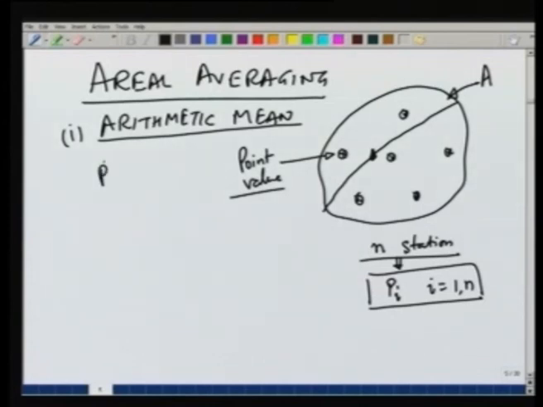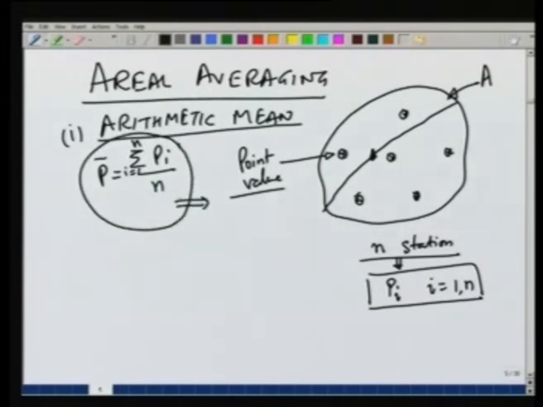So, P bar can be thought of as the sum of P_i divided by n, where the summation is i equal to 1 to n. Once we get this average depth, we can multiply it with the area. So, A into P bar will give us the volume of water generated by that precipitation event, for which our point values are known from the rain gauges.